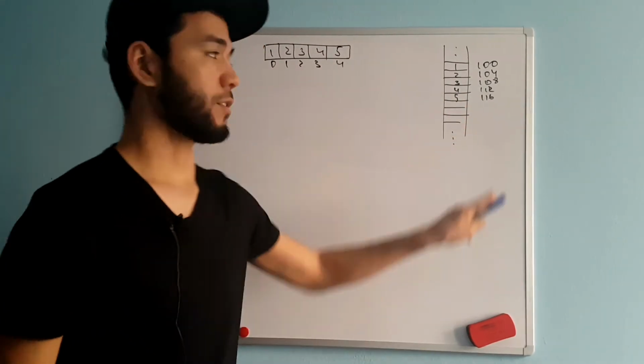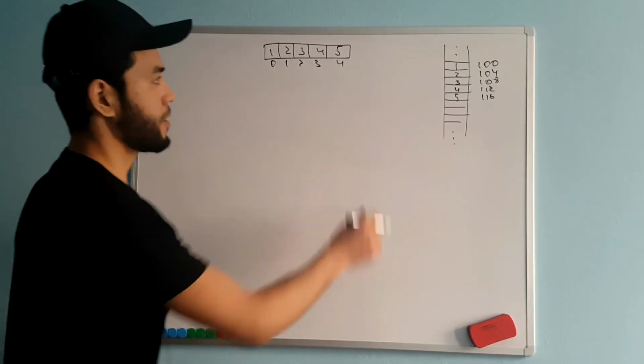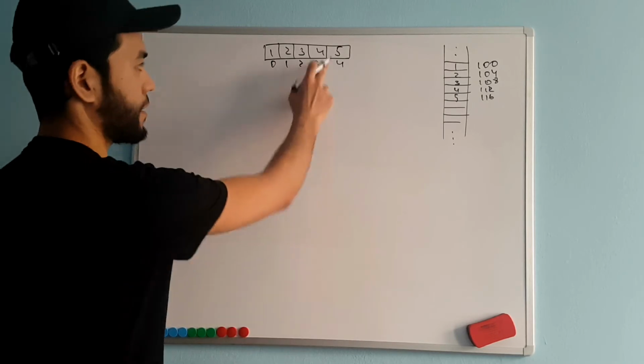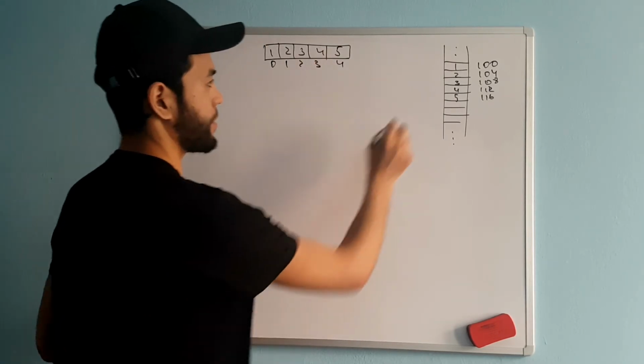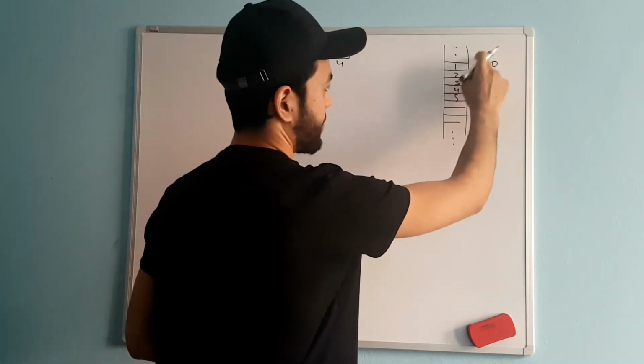Okay, and we have a formula for finding the address of any given number. I'm going to find the address of the number 4. First of all, we have the first index, which is the first address.